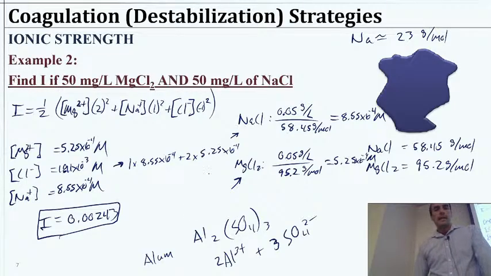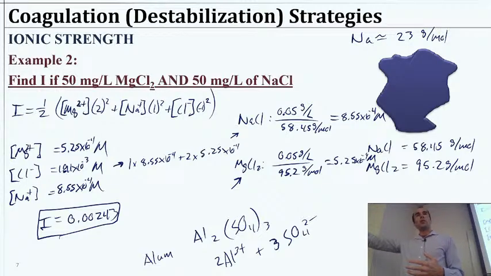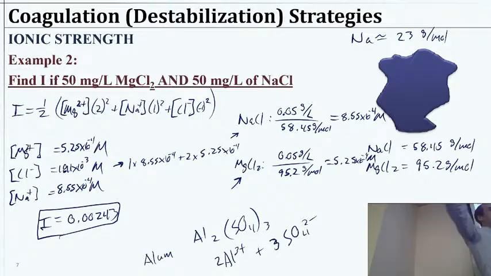Okay, so aluminum sulfate, alum, that's what we often use. Sometimes we will also use polymers, which you can think of as long molecules that are kind of like little bridges that will reach from one particle to the other and grab hold of it.